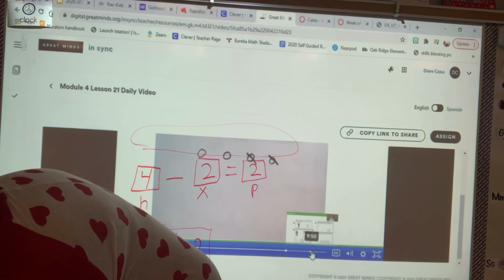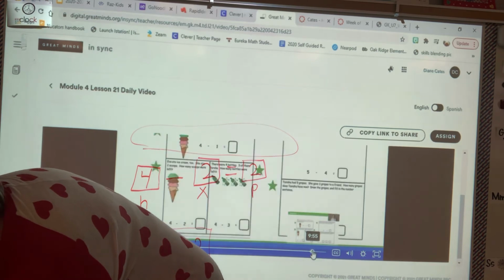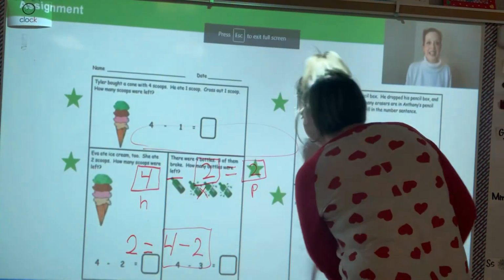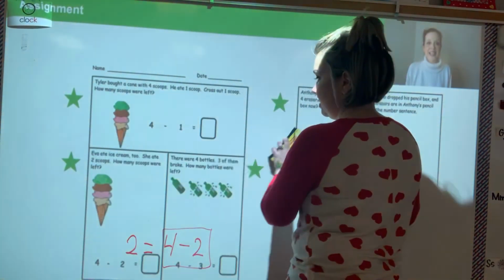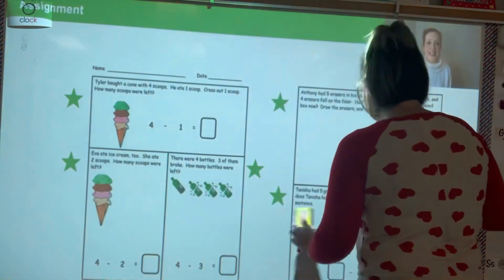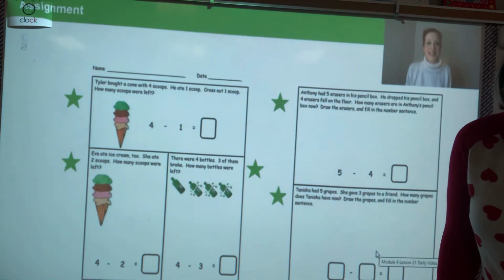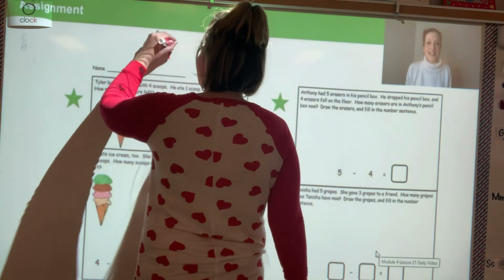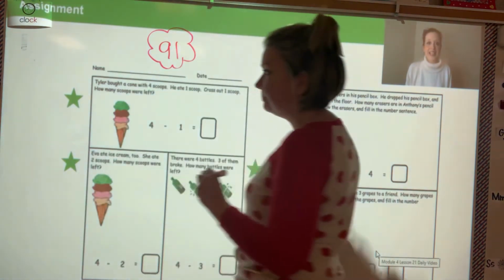Miss Kate, what are you doing? I'm having us take a look at our problem set. Alrighty. Let's take a look at our problem set. That is on page 91. We're going to start here, and we're going to take a look at these problems together.